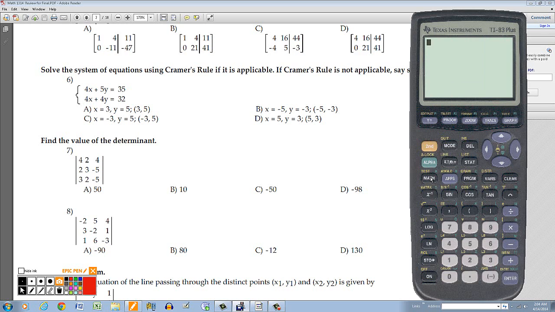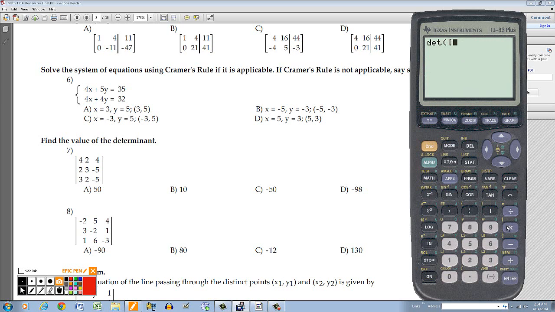I'm going to go to the matrix menu, but I'm not going to use the components there. I'm just going to go to the math menu and choose one, which is determinant. And then I'm just going to put the matrix here using that method that I showed in an earlier video.